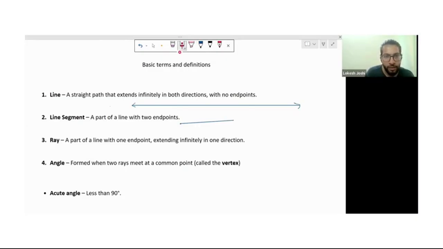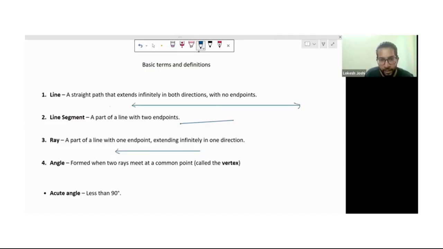Now the next one, or third, is ray. So a ray is a part of a line with one endpoint extending infinitely in one direction, or more precisely only in one direction, which means if we take any part of this line and I take only this part from there up to infinity where it is going, it will look like that.